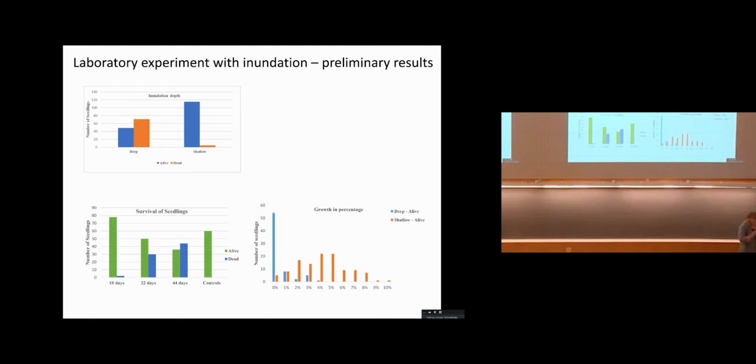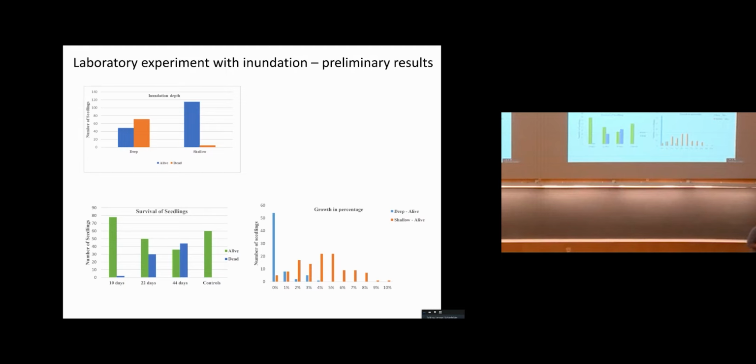And we looked at survival and we looked at growth. So as you can see, with the deep treatment most of the seedlings died. But the shallow flooding was not enough to kill off those seedlings.